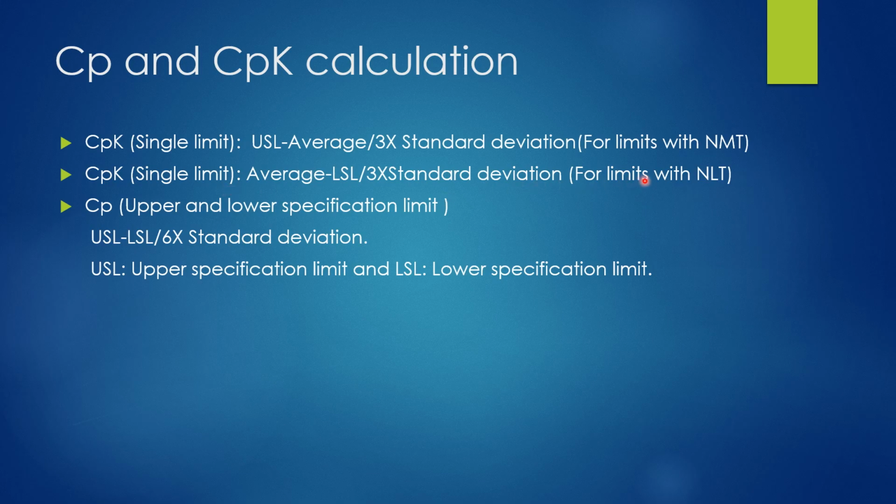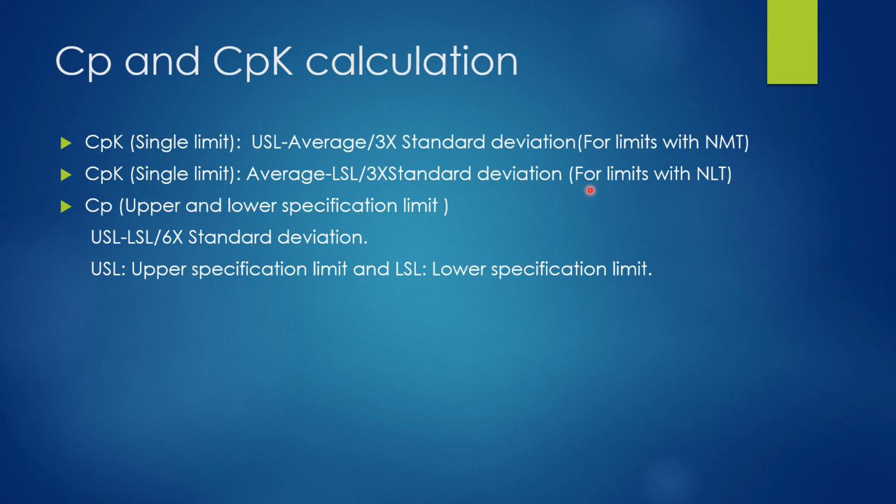Whenever my limit is not less than x, I have to take the formula as average minus LSL divided by 3 into standard deviation. So here we take the average minus the lower specification limit divided by 3 into standard deviation.